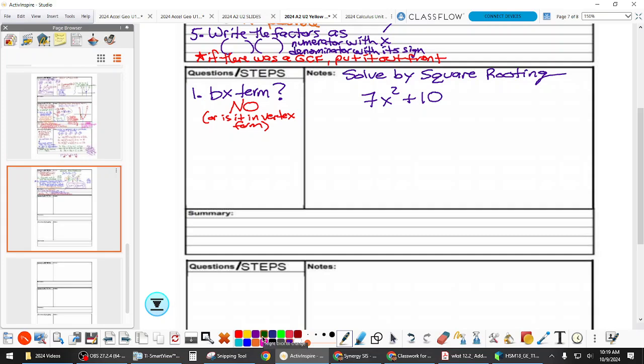So if there's not a bx term, what are we going to use? Square root this. Our goal is to get the squared term alone. By the way, this would be set equal to 0. So how do we get x squared alone?